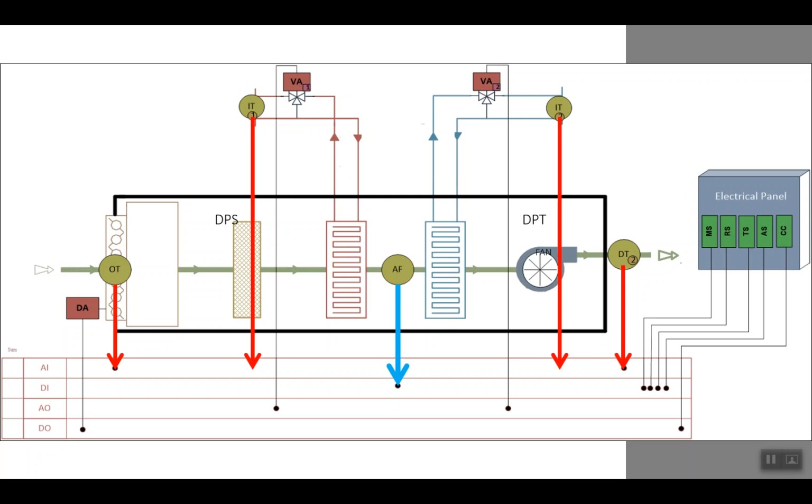The next one is AF in the picture. It's antifreeze. For example, we are in winter and the outdoor temperature suddenly drops.